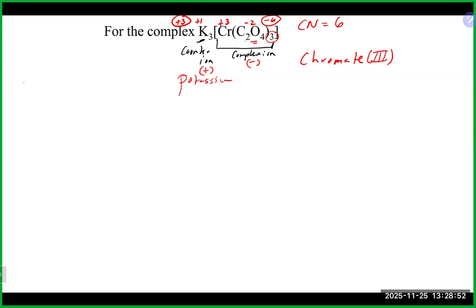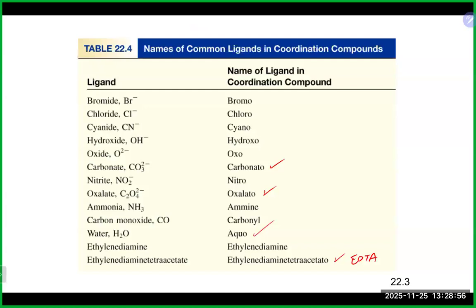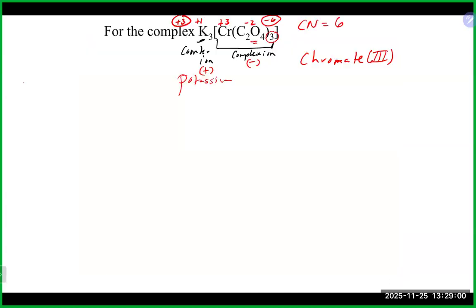And once again, oxalate is not called oxalate here. It is, as you can see, oxalato. And we do have 3 of them, so that is trioxalato. Now, this is one where people will sometimes use tris because it's bidentate. And I think that's everything that we need.